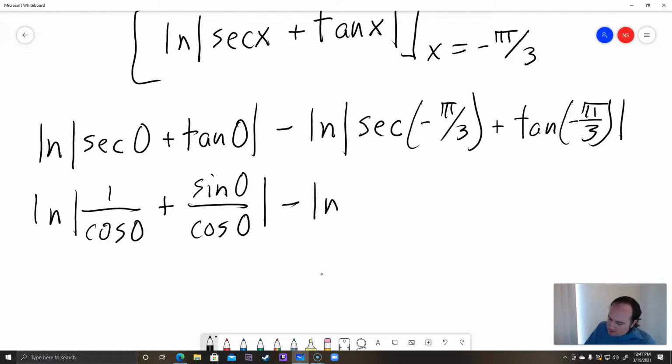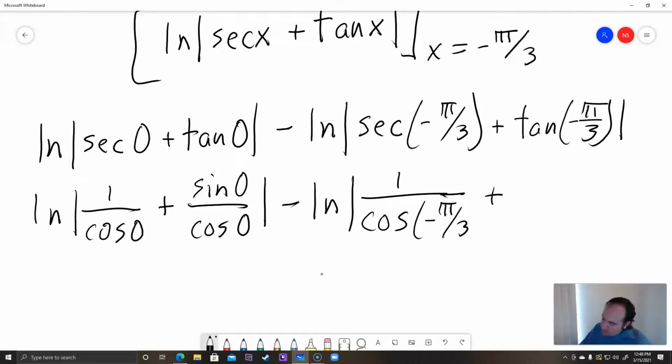And then we have minus natural log of absolute value of, once again, secant is 1 over cosine of negative pi over 3 plus tangent of negative pi over 3, so that's going to be sine of negative pi over 3 over cosine of negative pi over 3.